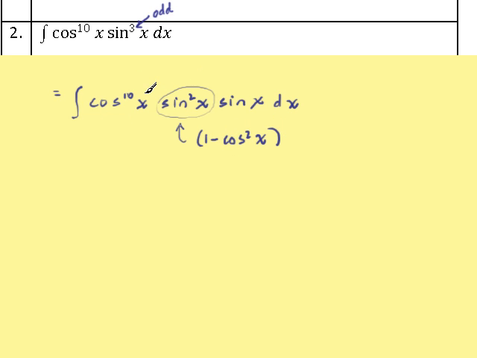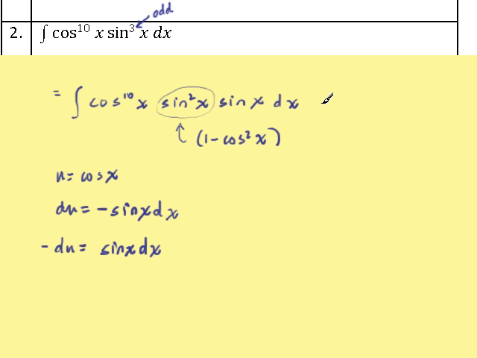So we have all cosines, and then a sine x next to the dx. So that's also good for a u substitution, where u is cosine and du is minus sine x. Okay, so minus du is sine x dx.